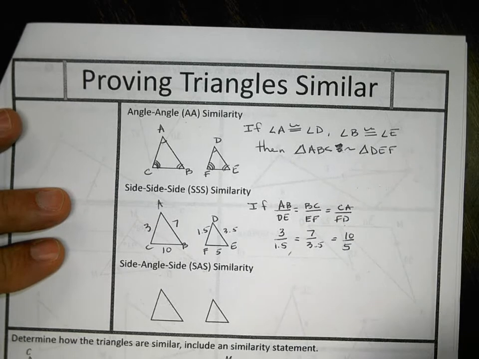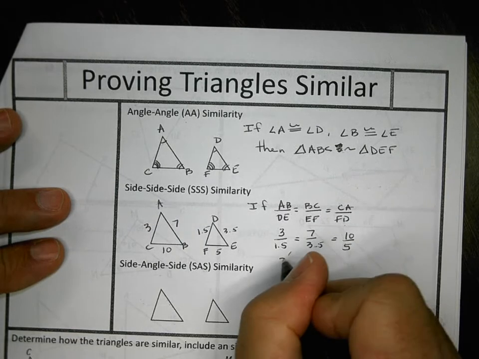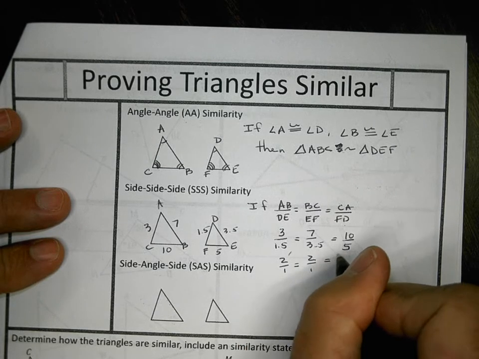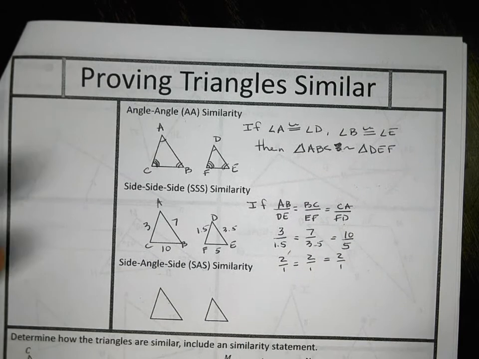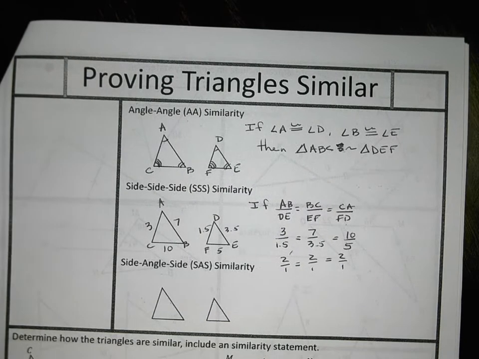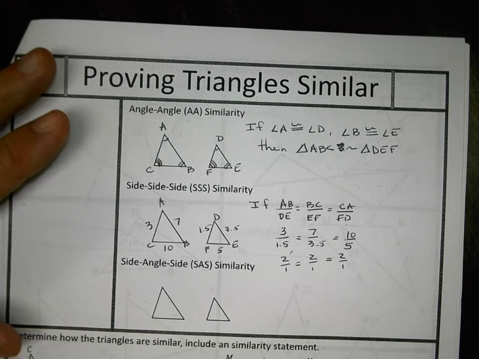And when we reduce, it would reduce to 2 over 1, 2 over 1, 2 over 1. So all three of these ratios are equal, so therefore we can say these two triangles are similar by side, side, side.